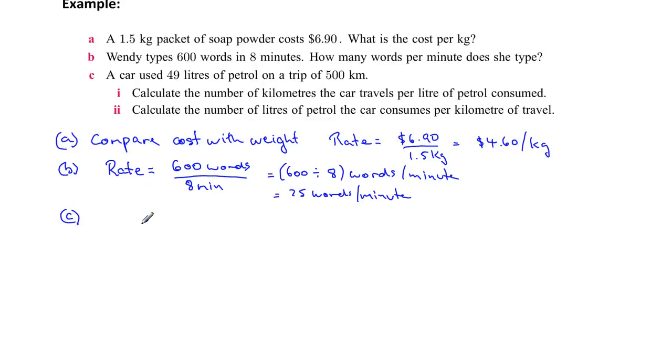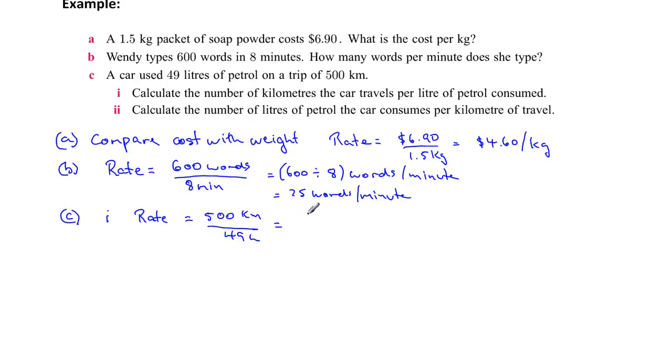A car uses 49 litres of petrol on a trip of 500 kilometres. And the first thing we're asked to do is to calculate the number of kilometres the car travels per litre of petrol consumed. And it's got to be done in that order. So we're going to have a look at the rate for this particular situation as being 500 kilometres, the distance he travels, and we do that for every, if you like, or per 49 litres.